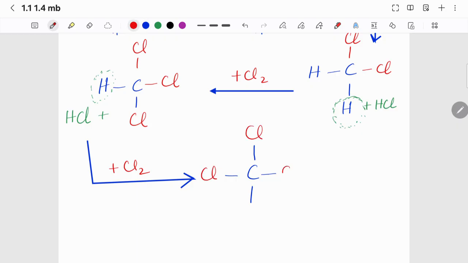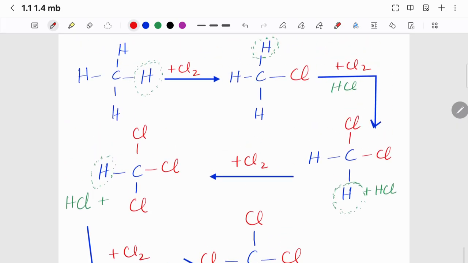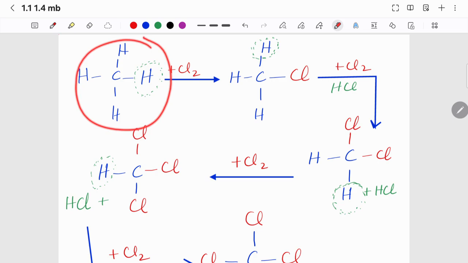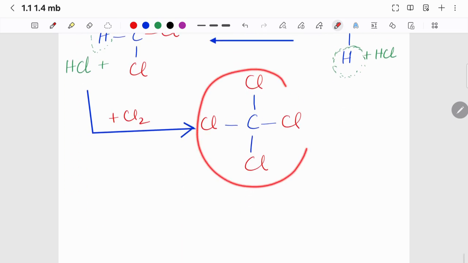So eventually this methane molecule has replaced all of its hydrogen. Initially it has 4 hydrogen, but now it has 4 chlorine here.